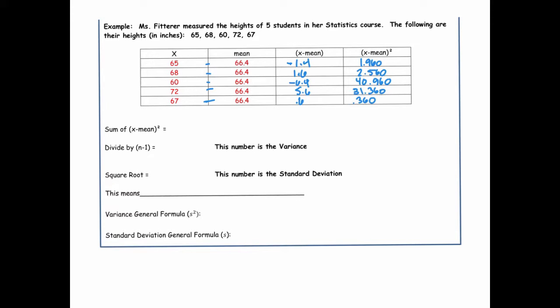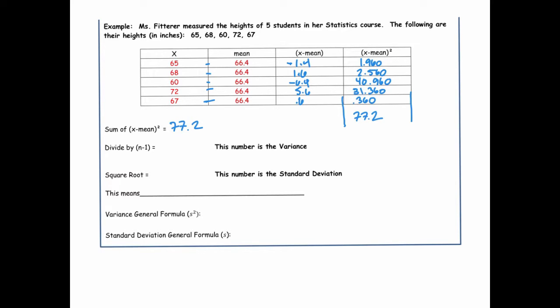Okay, so we've taken care of the negative values, and now those distances are all positive, but they're also squared, so we have to undo the squaring later. The first thing we do is find the sum of this column. Adding these numbers up gets you, and you can check, 77.2. That's the sum of the squared deviations.